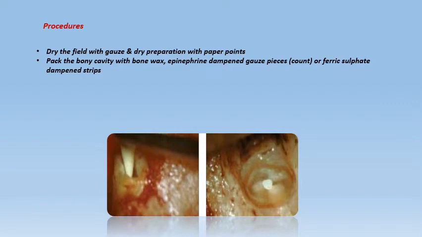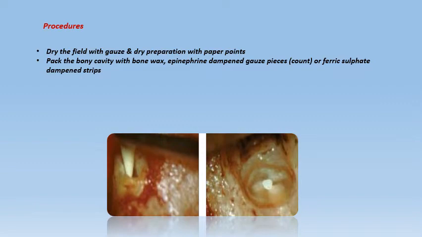The second thing, I should pack the bony cavity with a material for two reasons. First, to control the bleeding. This material should control the bleeding. The second thing is that I'm going to put a retro filling material, so I need something in the bony cavity to prevent this material from scattering all over the bony cavity.